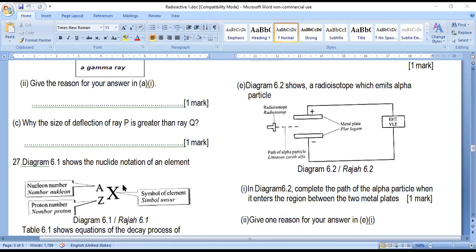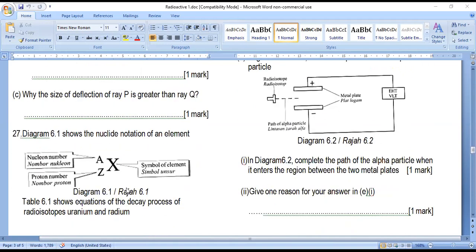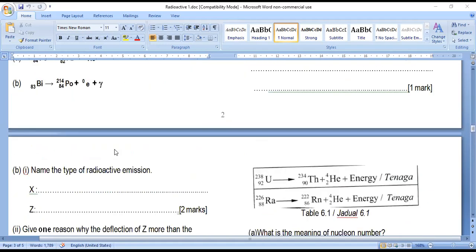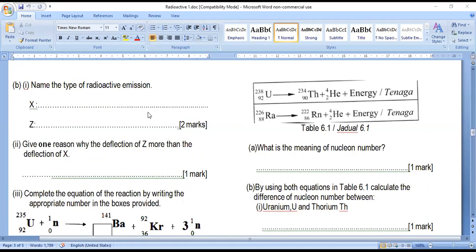Okay. Now 27. Diagram 6.1 shows the nuclide notation of an element. Table 6.1 shows the equation of the decay process. So what is meant by nucleon number? Nucleon number is the number of protons and neutrons.